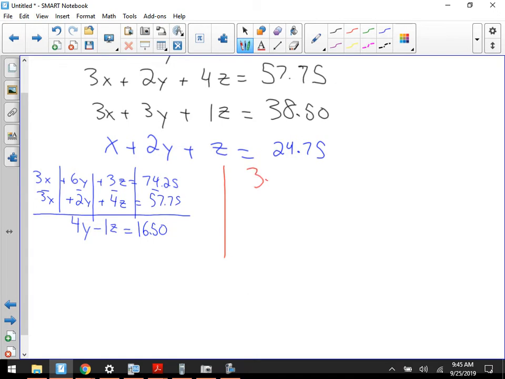So we have 3x, 6y, and then I've got this equation to work with.